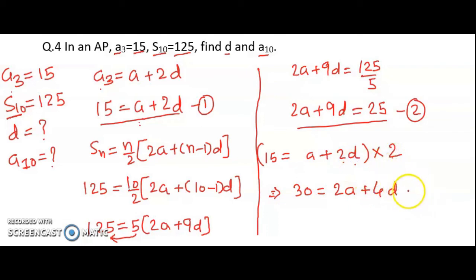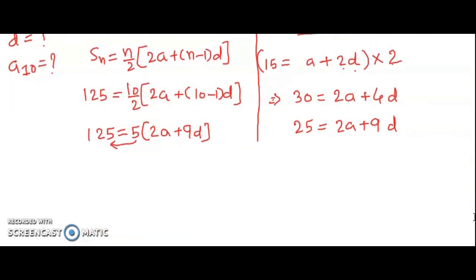So equation 1 becomes 30 equal to 2a plus 4d, and the second equation you can write as 25 equal to 2a plus 9d. So here we get two equations, and if you do the subtraction of those two equations, we get 30 minus 25, so we will get 5.